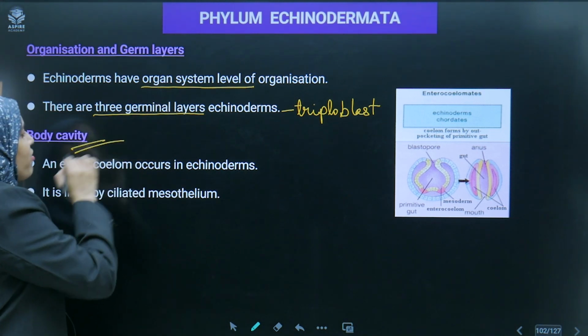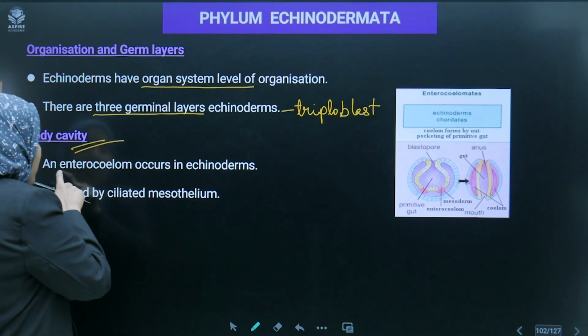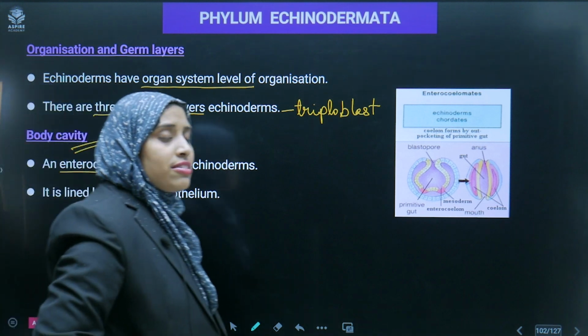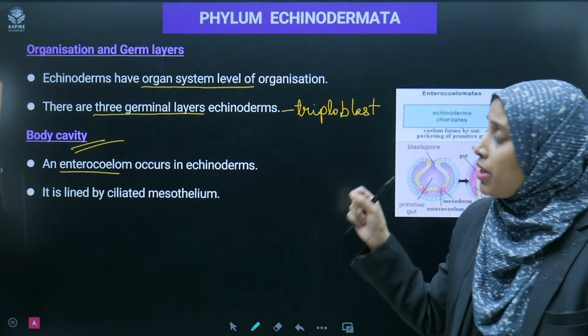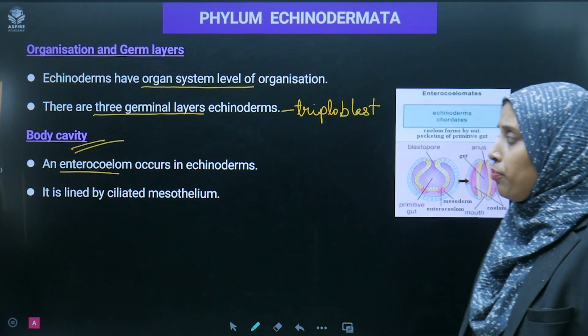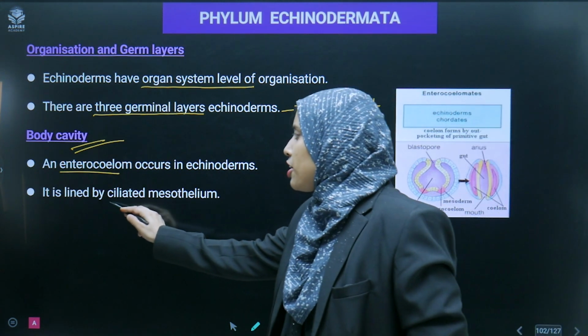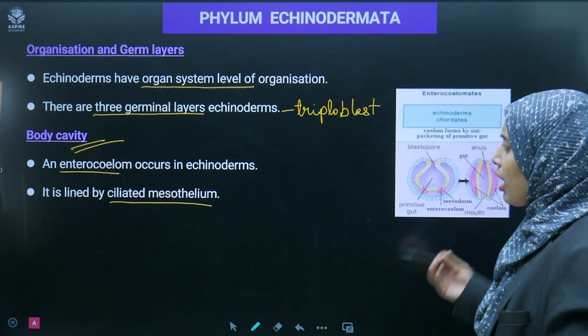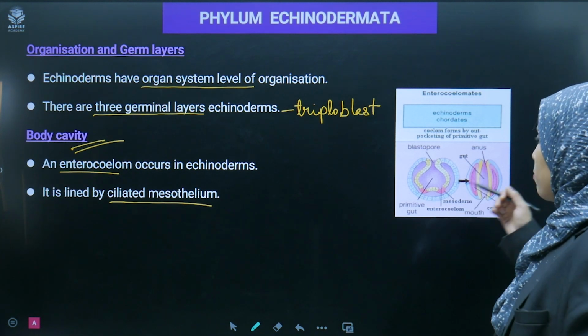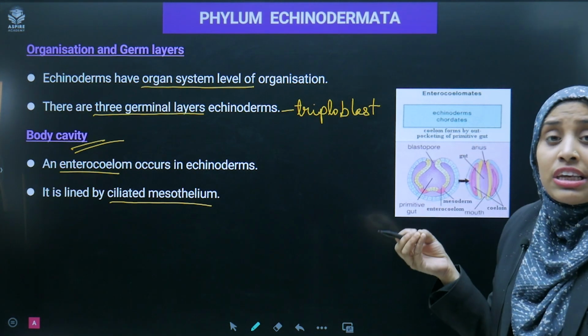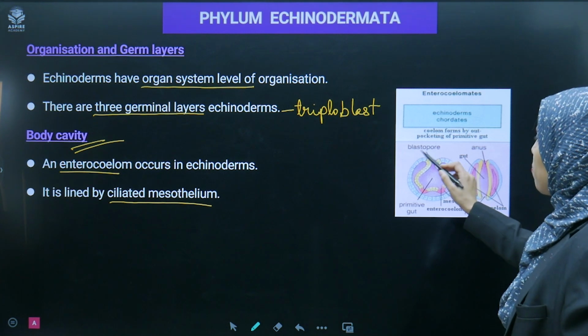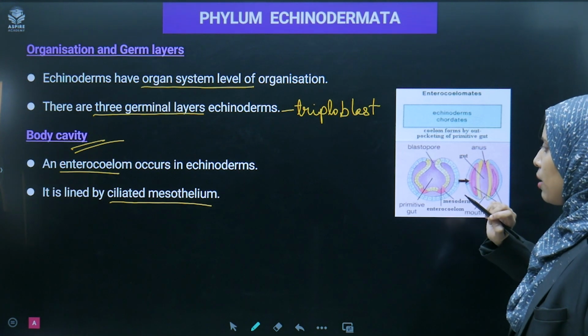About the body cavity, an enterocoelom occurs in the echinoderm. It is lined by ciliated mesothelium. Now you can see the blastopore, the opening and the pore region.